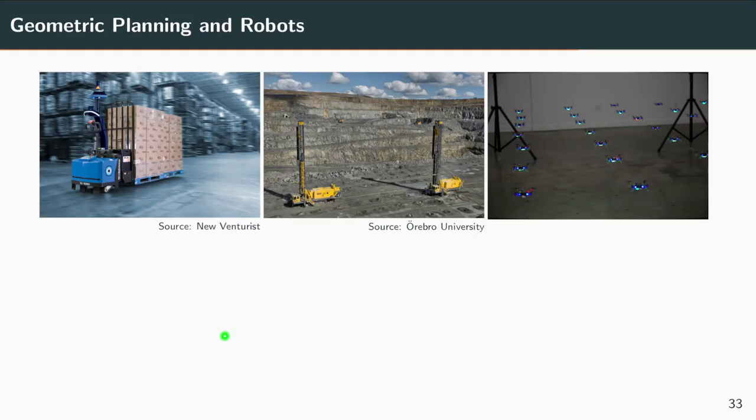Okay, so when we think about robots, we have this issue that for many robots, just thinking about the spatial dimension is not good enough. If you have this forklift, for example, it carries this heavy load, which means it cannot brake instantaneously, similar to a truck. So you need to account for these very long braking periods.